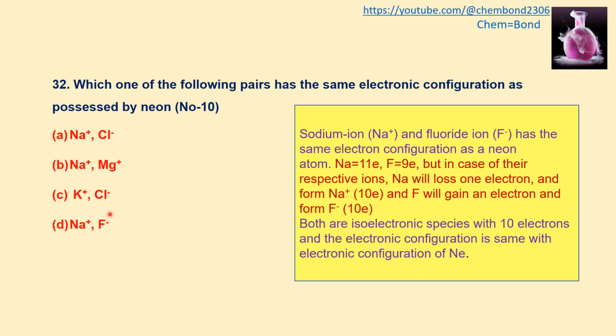Fluorine in atomic form has 9 electrons, but here it is negative, meaning it has gained 1 electron, so it becomes 10. Both have an electronic configuration similar to neon. So the answer is sodium and fluoride ions.